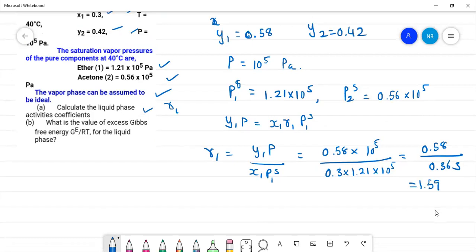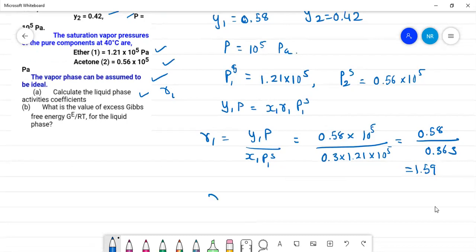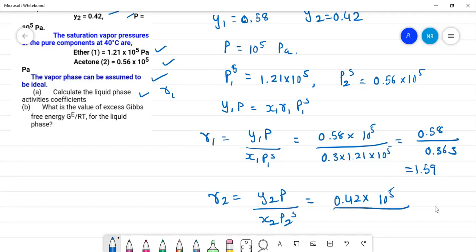Same way gamma 2 we can calculate. So gamma 2 is equal to Y2 P divided by X2 P2 saturation, which is Y2 value 0.42 multiplied by total pressure 10 raised to 5, divided by X2, which is 0.7, multiplied by P2 saturation 0.56 multiplied by 10 raised to 5. This one will be cancelled out.